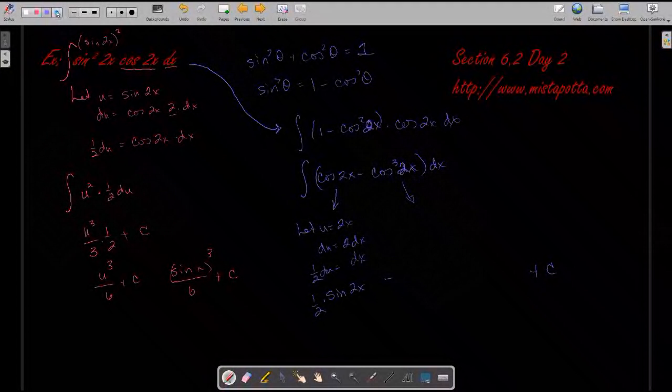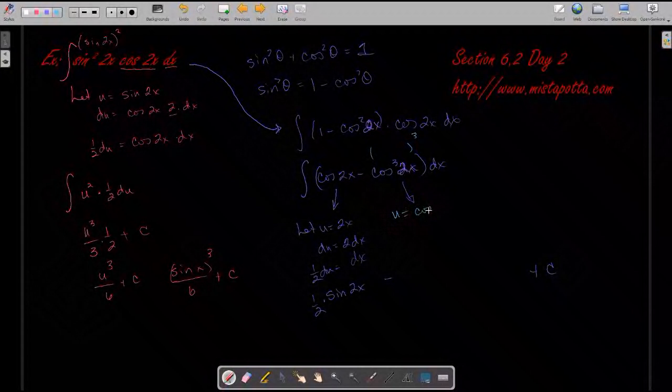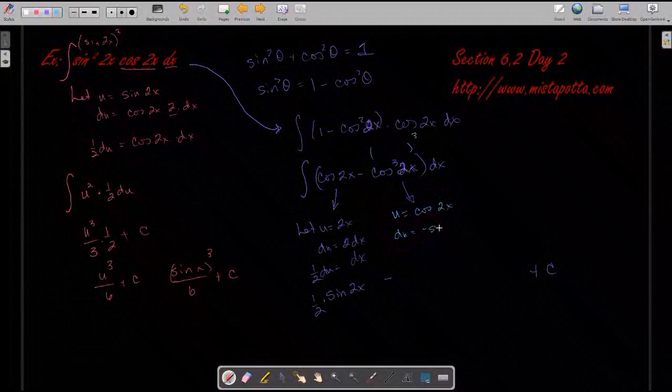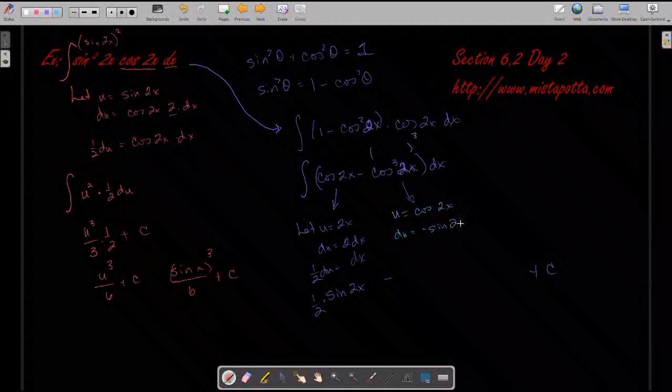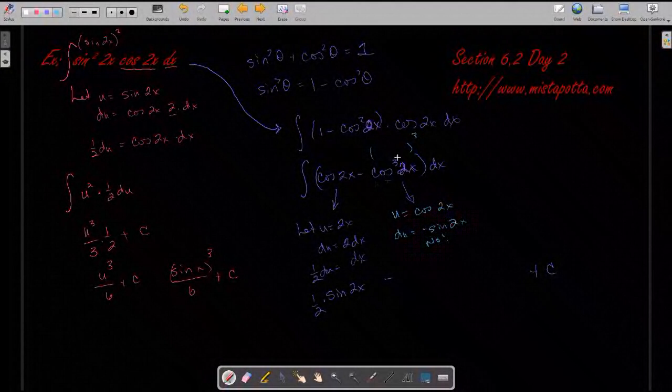If I take a look at this and say, oh, it's a composition of functions, it's something cubed. If I let u be the cosine of 2x, then du would be the negative sine of 2x. And nope, that's not going to help me because I don't see sine.